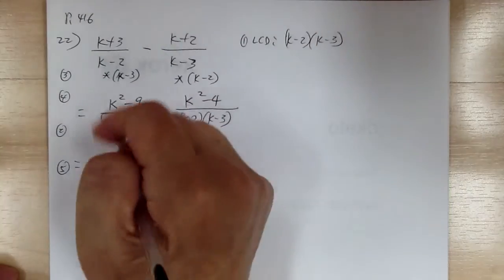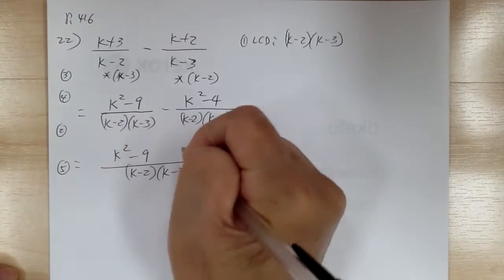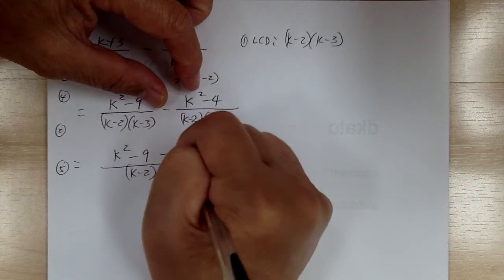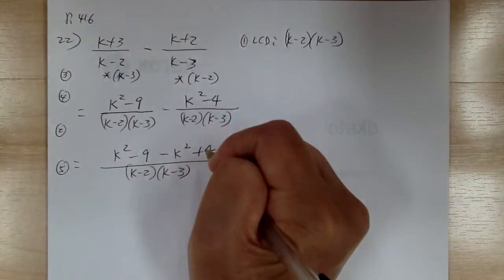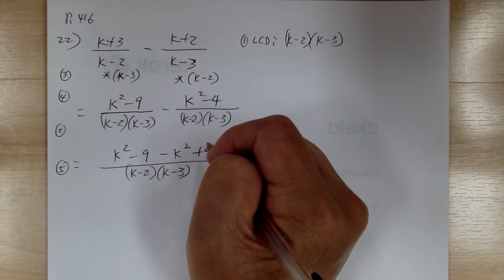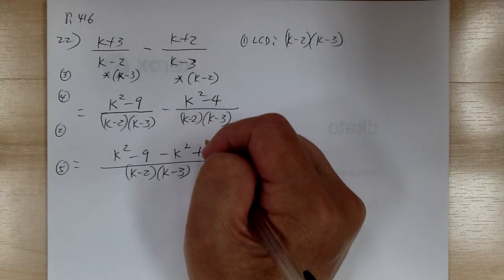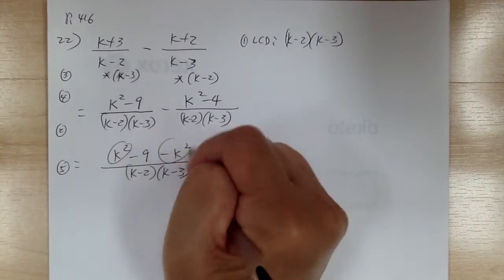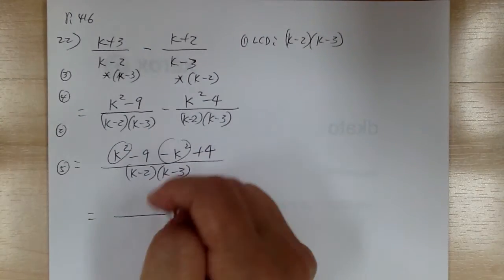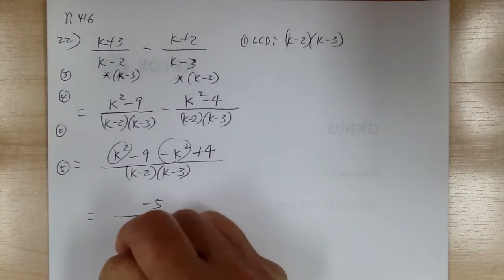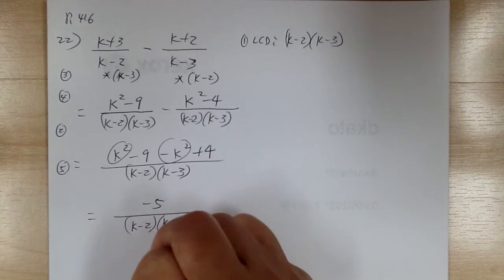You have to distribute, so you get k² − 9 minus k² plus 4. Then combine the like terms, and you get −5 over (k − 2)(k − 3).